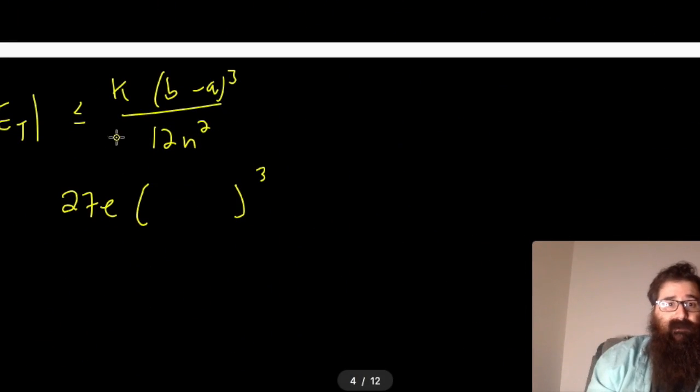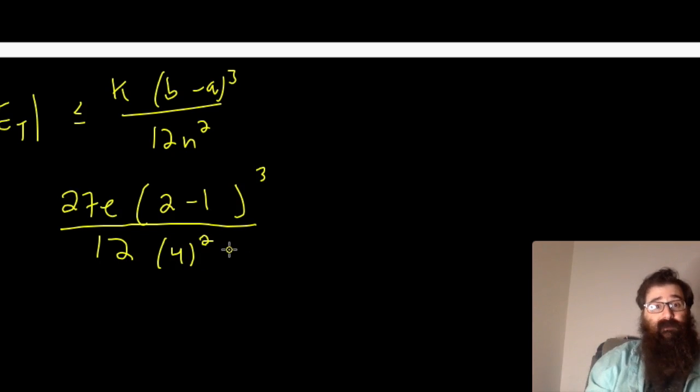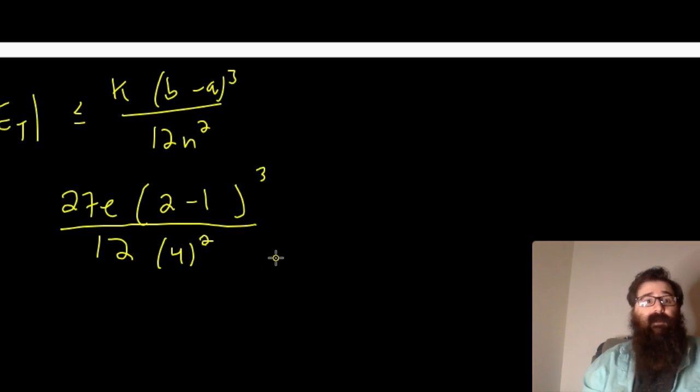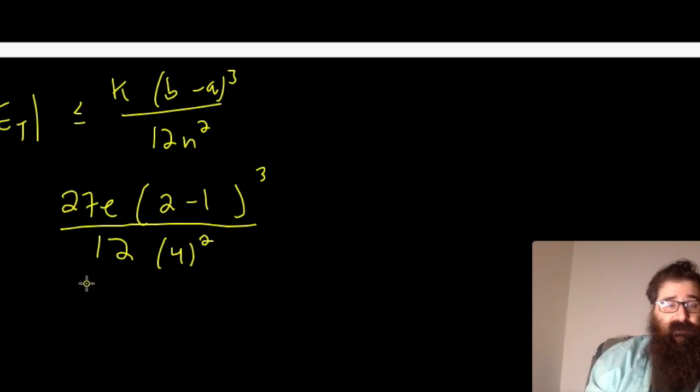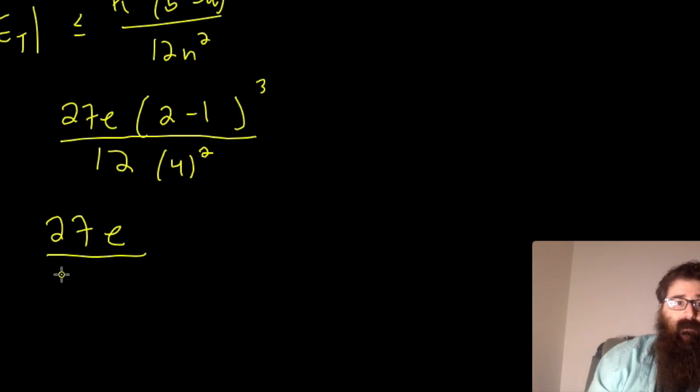So that's 2 minus 1 cubed, all over 12 times n squared. And we said n was 4, so 12 times 4 squared. Now I can go ahead and evaluate this. We'd say 27e, 2 minus 1 is 1, 1 cubed is 1, divided by 12 times 4 squared, which is 12 times 16.